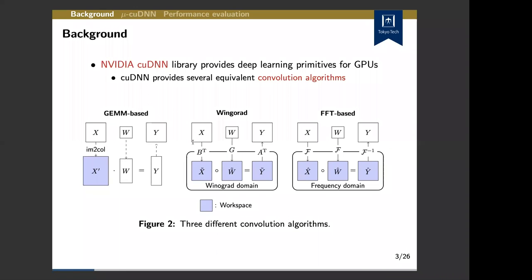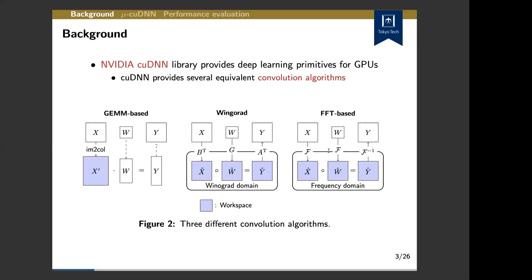Another one is the Winograd algorithm, which performs convolution as an element-wise product in the Winograd domain. Please refer to the paper if you want to know why it works. And FFT-based convolution, which is somewhat similar to Winograd, but convolution is done in the frequency domain.